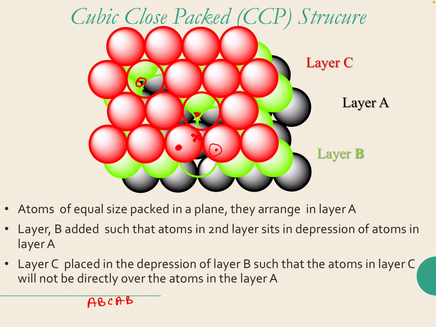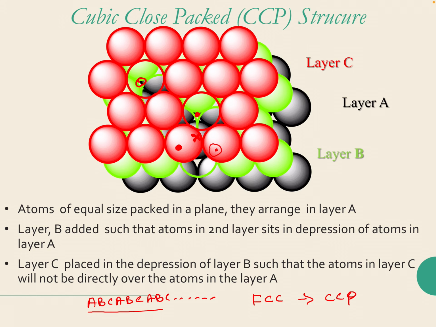This kind of stacking is called ABC, ABC, ABC, and so on. When such a stacking takes place, it forms an FCC structure, which is called CCP, cubic closed packed structure. Cubic closed packed structure is FCC structure.